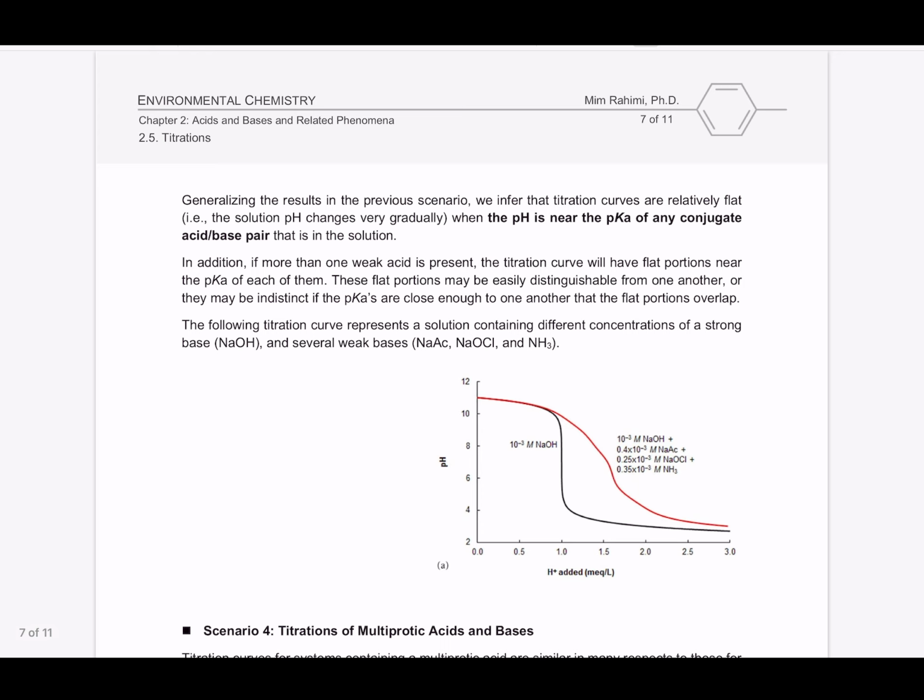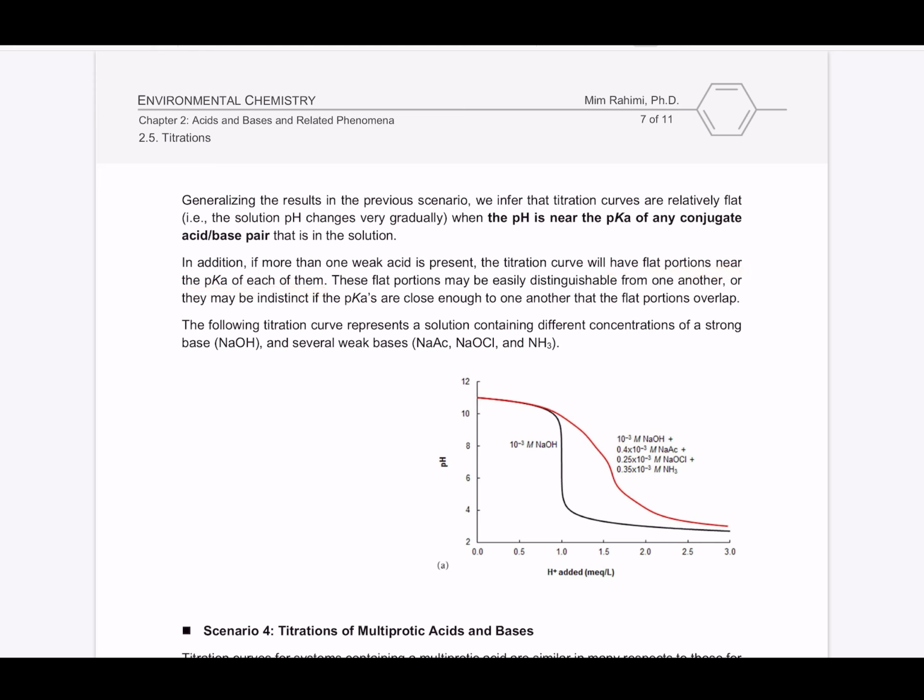Okay, so again, generalizing that information. Near the pKa, you have that delay zone, where pH changes very gradually. So that's related to the pKa. So the titration curve will have flat portions near the pKa of each of them.